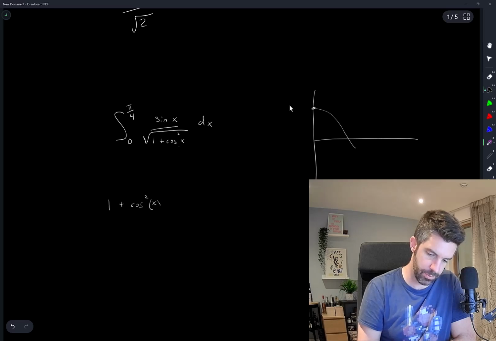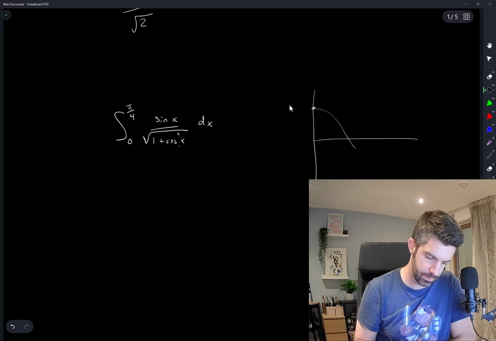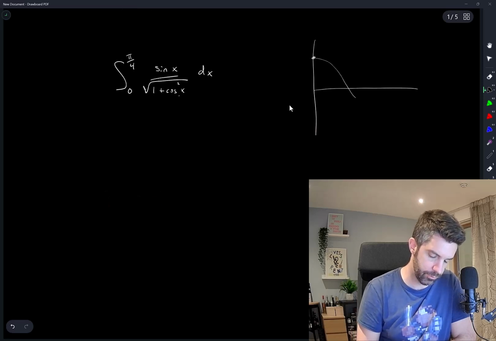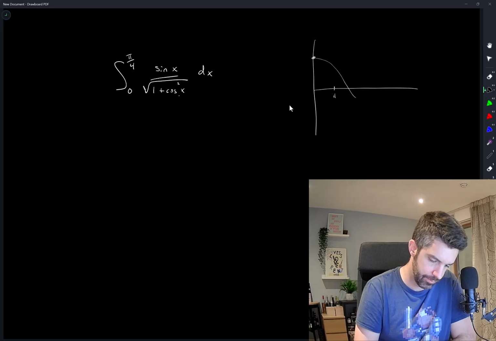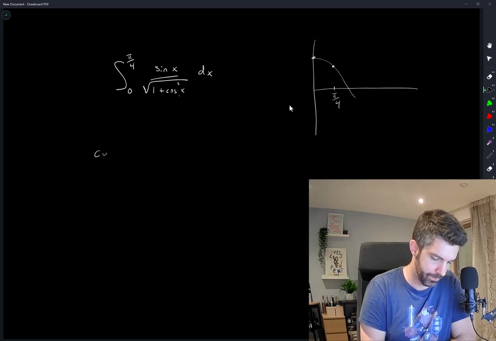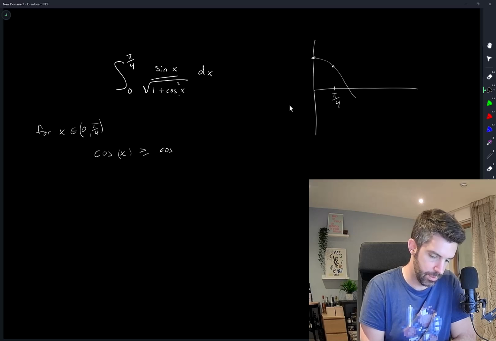So the way I want to do this, cosine x, this is pi over 4, then for x between 0 and pi over 4, I have cosine x is greater than or equal to cosine of pi over 4.